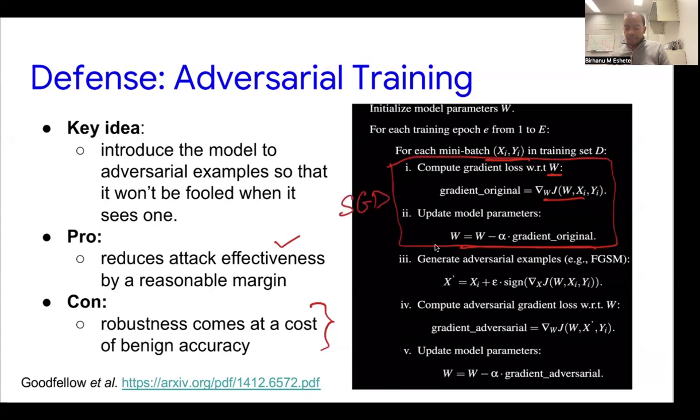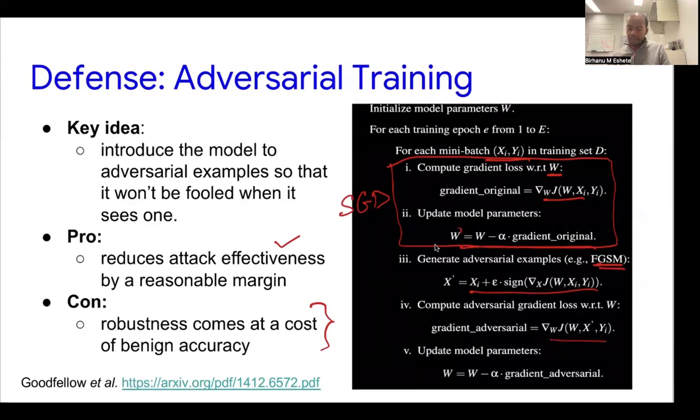And then you're going to generate adversarial examples with the current version of the model you trained up to that point. For example, you use FGSM. If you use FGSM, that is the formulation of the adversarial example generation. And you compute the loss on the adversarial examples that you just generated. And you compute the adversarial gradient, and you update the model parameters.